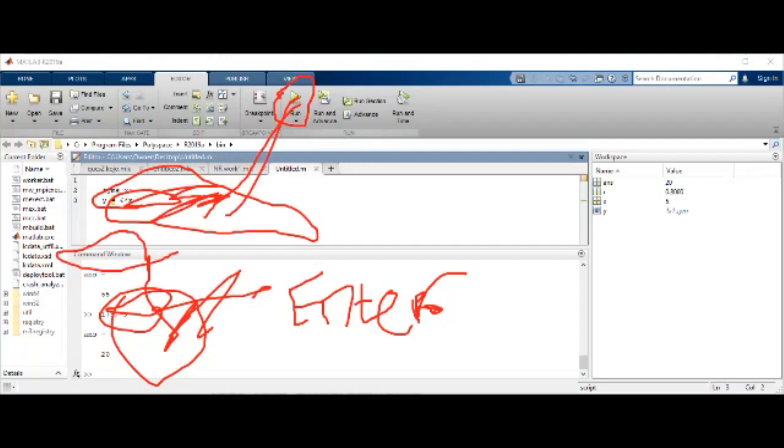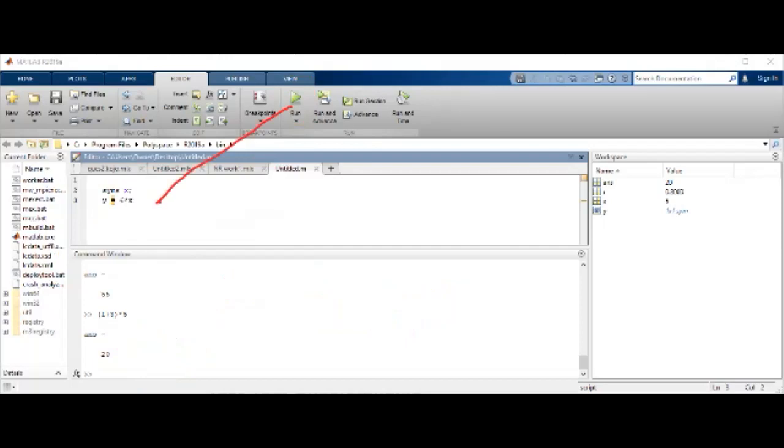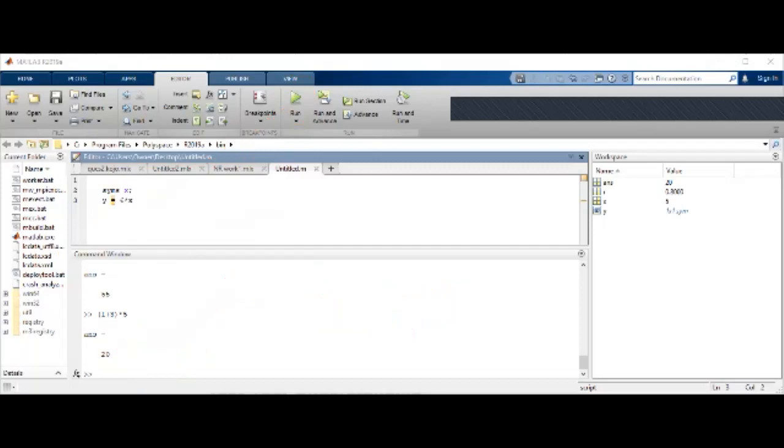Are you okay now? Yeah. Okay. So use this part, and this one needs an enter sign. Okay. So now let's do the assignment that we have been given.